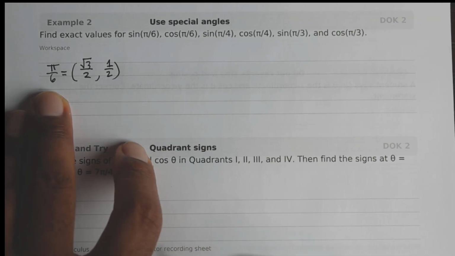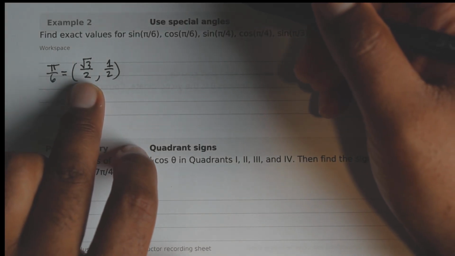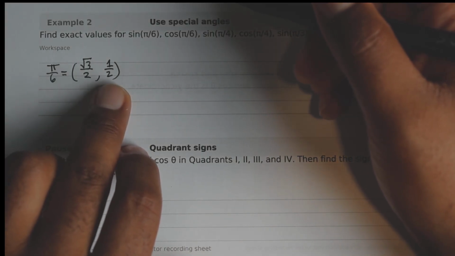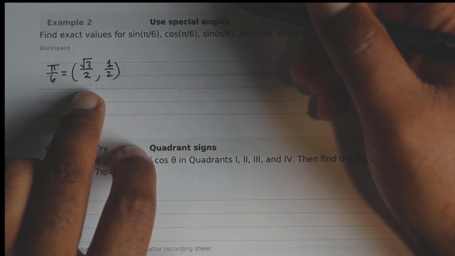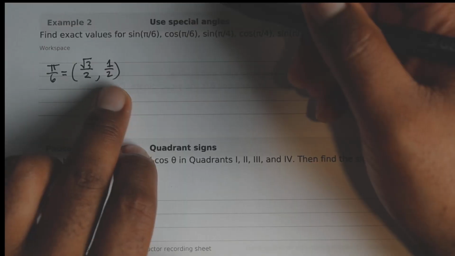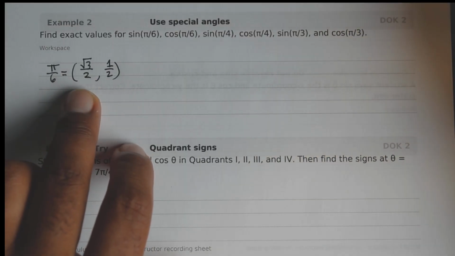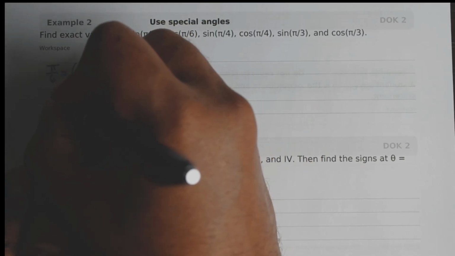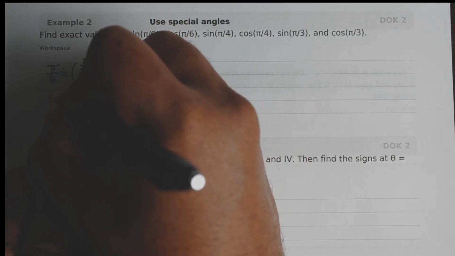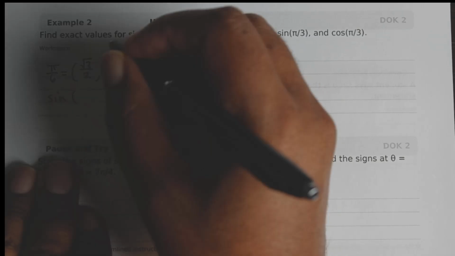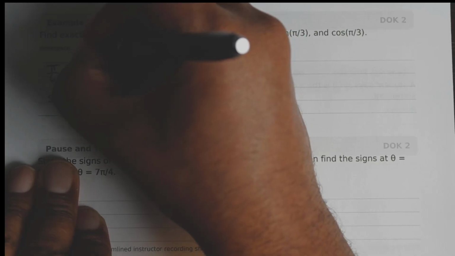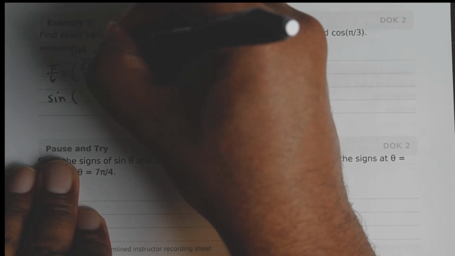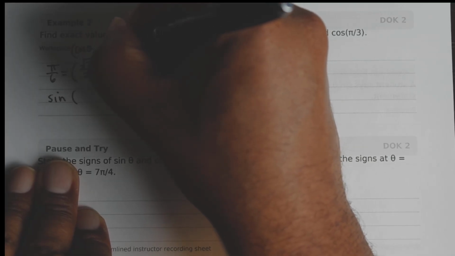Okay, since the point is (cosine theta, sine theta), cosine is the x coordinate and sine is the y coordinate. Okay, so essentially, to find the exact values for this, I just remember cosine theta, sine theta.